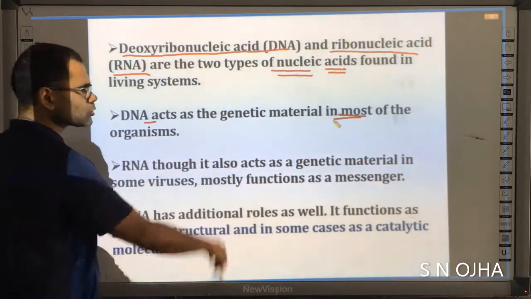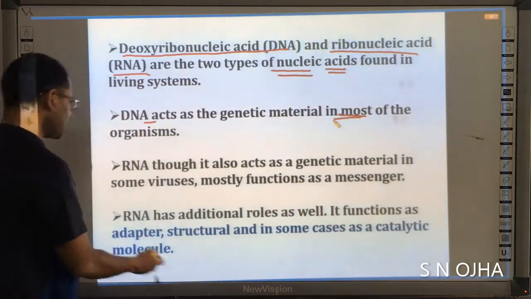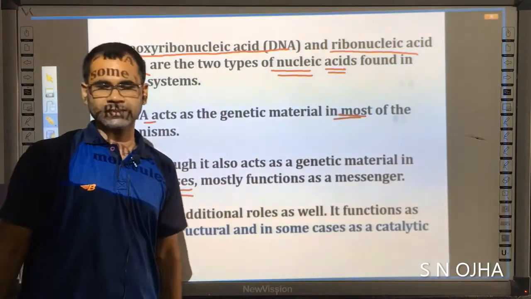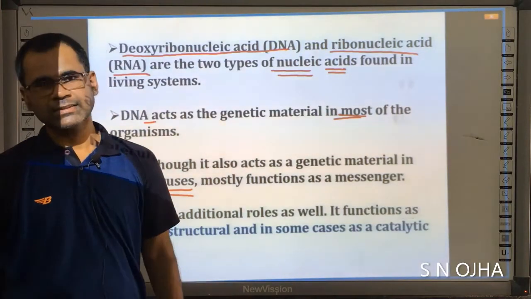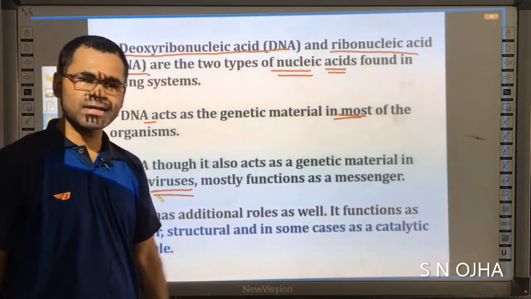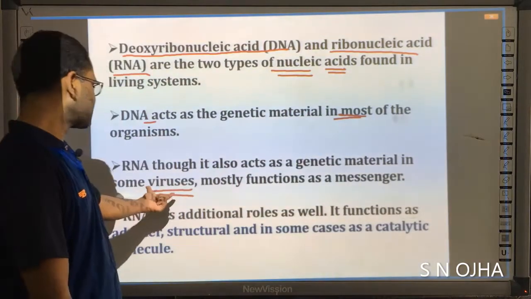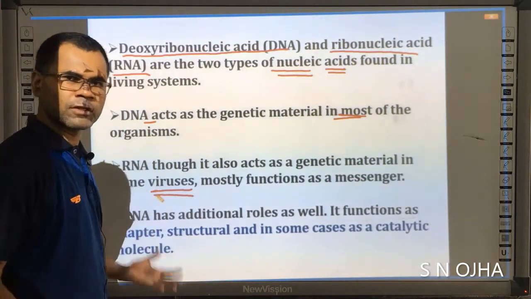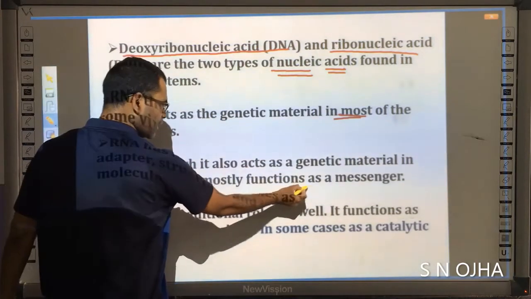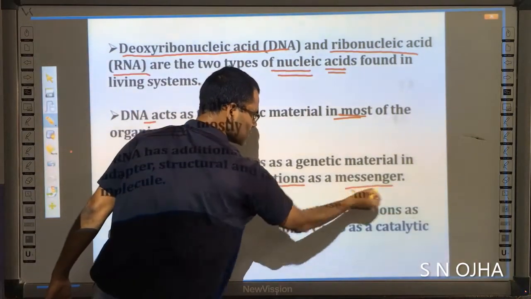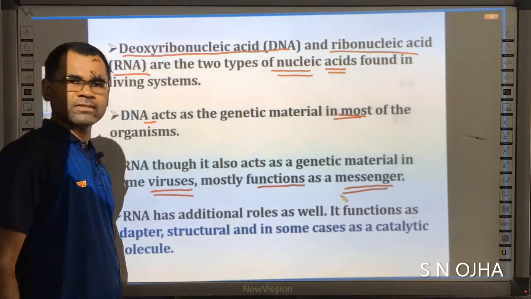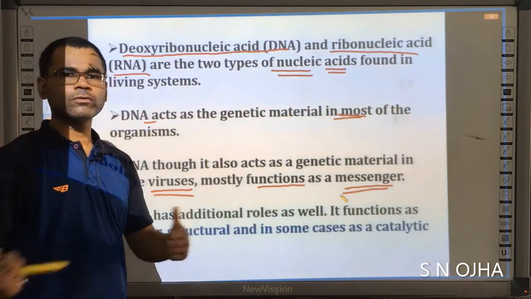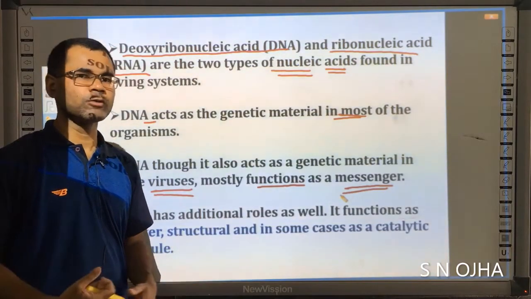RNA, though it also acts as a genetic material, acts as genetic material mostly in viruses. The structure of virus you have studied in class 11. So RNA acts as a genetic material only in viruses, and in most eukaryotes, it acts as a messenger. It carries messages from the nucleus to other systems for protein coding.